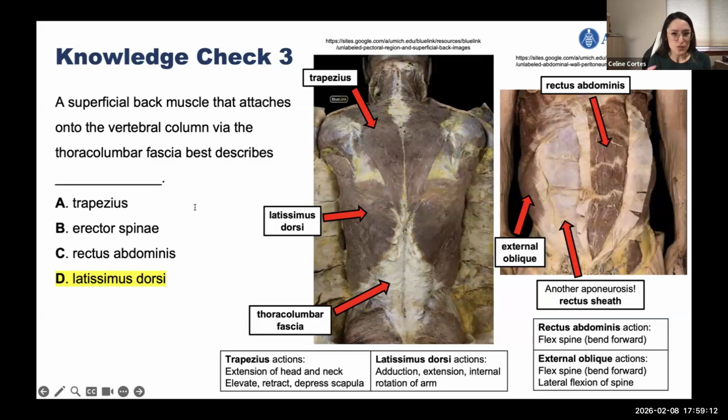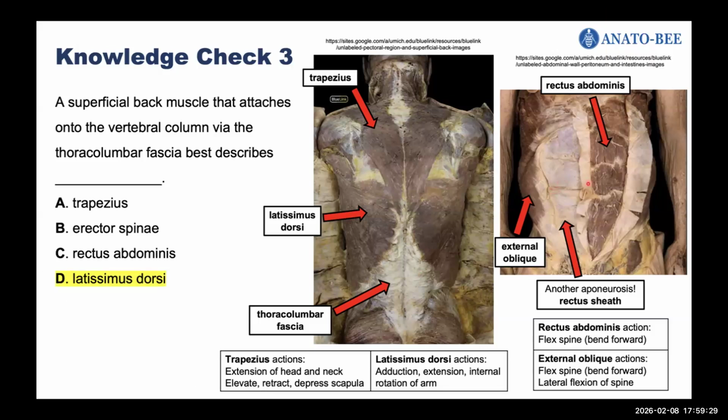But aponeurosis, you really want to think of tendons. They're both connective tissue, but they're serving different functions and purposes.